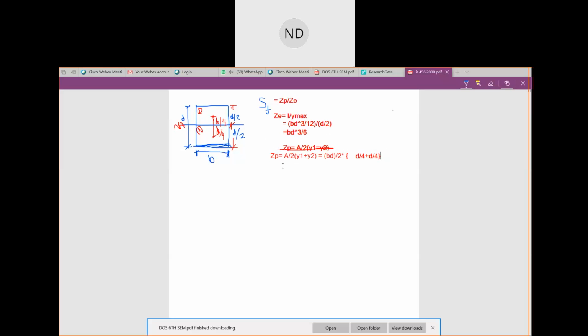So ultimately we are having what? This one d by 4, d by 4, that will give you b into d by 2, and we are having into your d by 2.